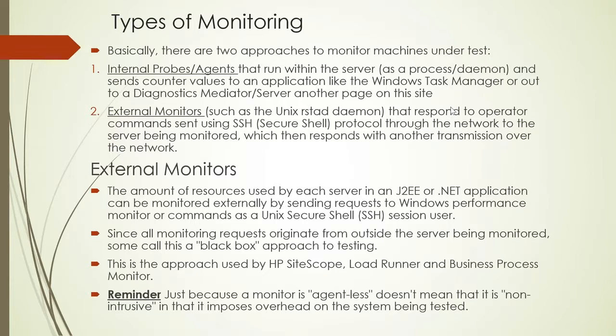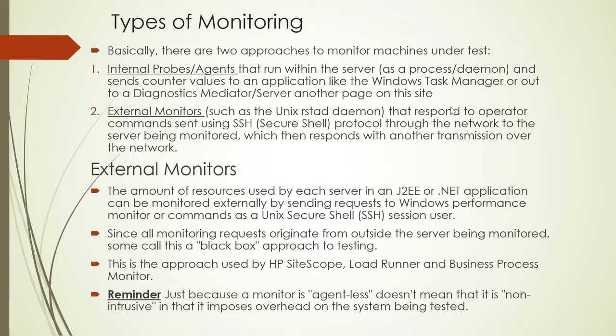Under the external, we also saw that the resources used by the server, in the Java or .NET application, can be monitored by the commands, right? That's why it's called a black box, because there is no communication inside the server. Everything is outside the server. That's why it's a black box approach for monitoring or testing.